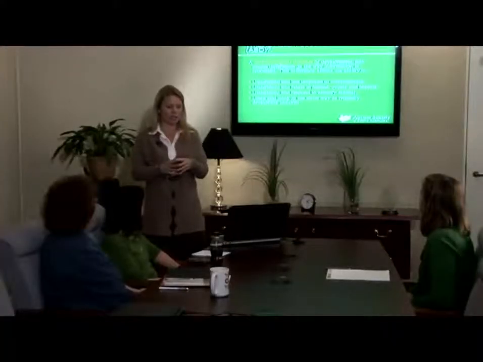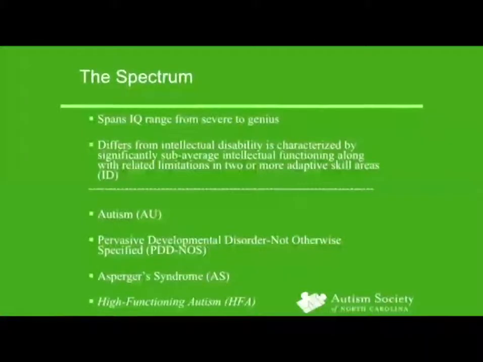But the main differences that we see on the surface are going to affect the individual's ability to understand and use language, to communicate especially, understand and relate to people and events and objects, the way that they respond maybe to sensory stimuli, and also just the pattern of learning and thinking may be very different than an individual who is typically developing.